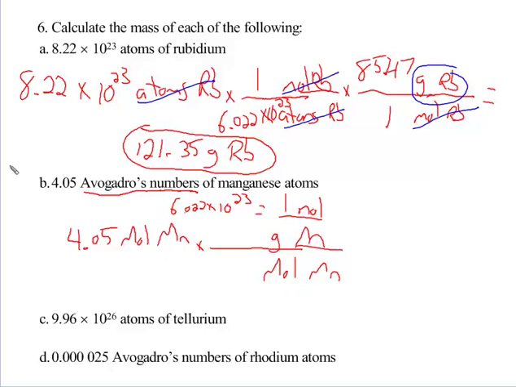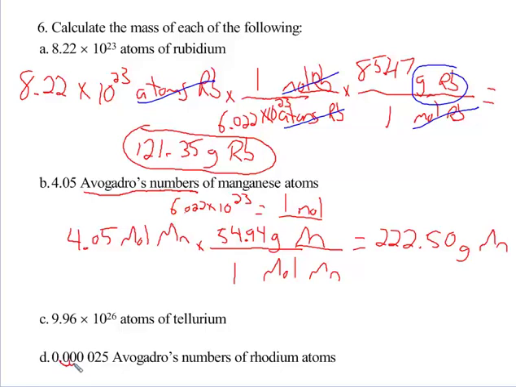We look at the periodic table for manganese, and we find a molar mass of 54.94, and then we multiply it together and we end up getting an answer of 222.50 grams of manganese. So it's done the same way, but you skip a step because of the way they worded the problem. And that'll be the same down here.